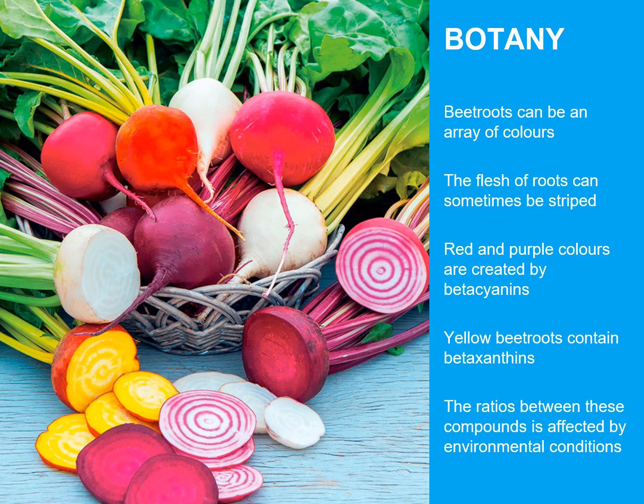The yellow beetroots, as you can see in the bottom left of this slide, have a higher amount of compounds called beta-xanthins, and so the ratio between beta-cyanins and beta-xanthins gives the different shadings and colours of the roots. And the white roots are more typical of a wild type of beetroot, which lacks the beta-cyanin and beta-xanthin pigments.